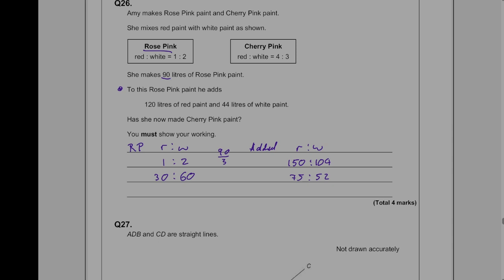And then can I simplify by anything else? That's my simplified ratio, which is not the same as 4 to 3. Has she now made cherry pink paint? No, as 4 to 3 is not equal to 75 to 52.